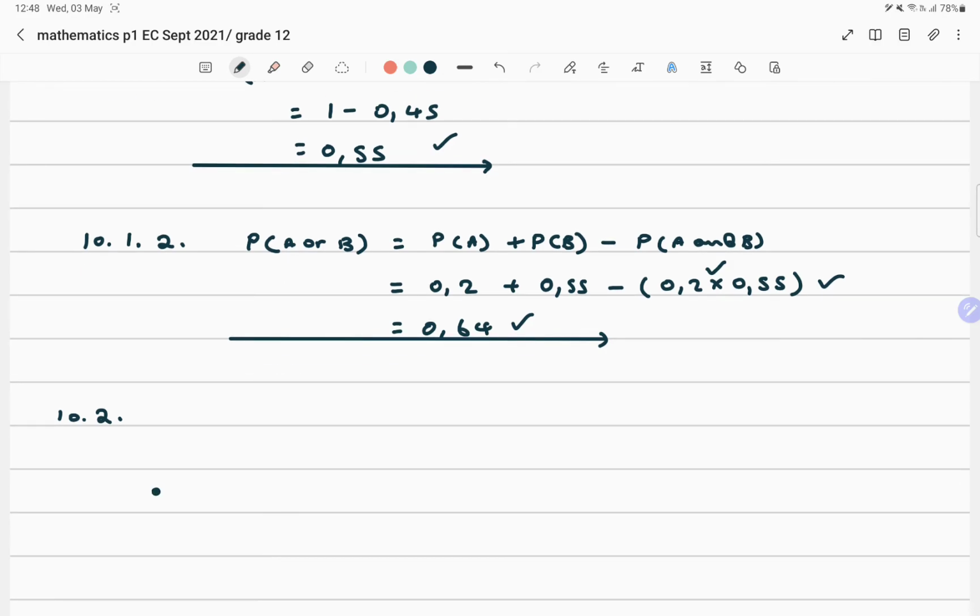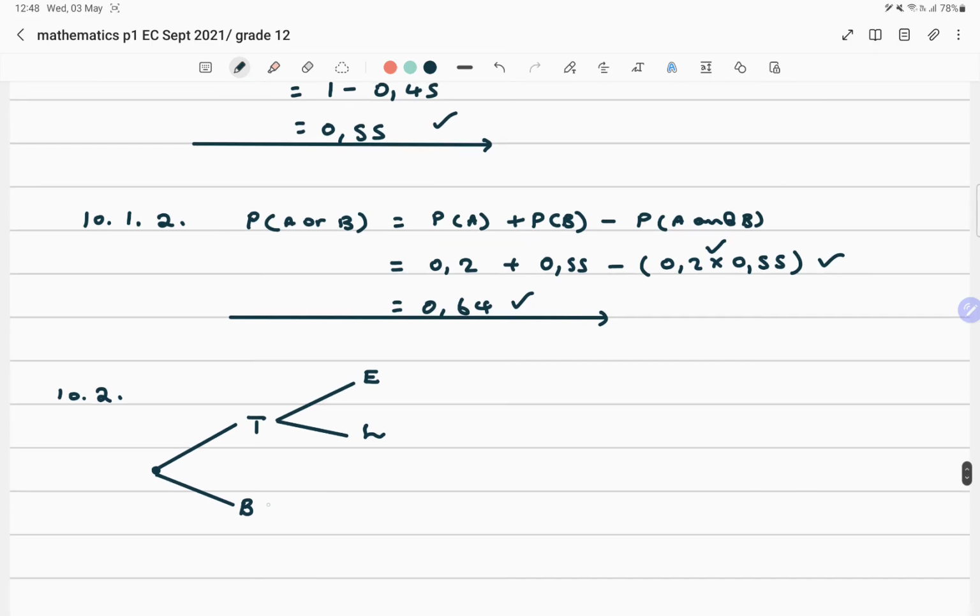So there is Asanda. She can go to school by taxi, so we can call it T. She can use her bike, which we can call B. Okay, great. Now, whichever she uses, she can either arrive early or she can arrive late. Same would happen here.